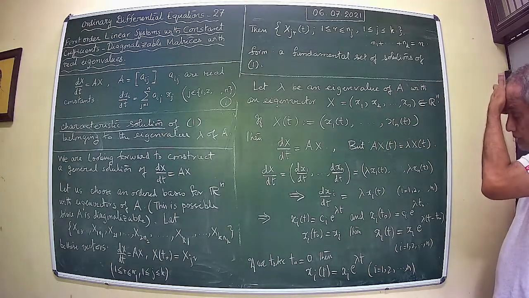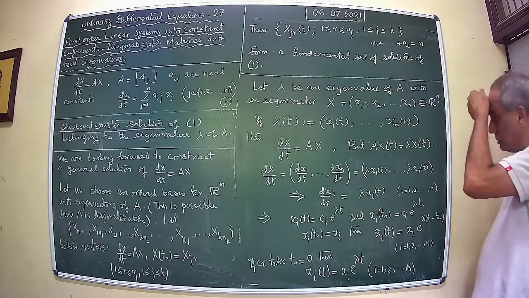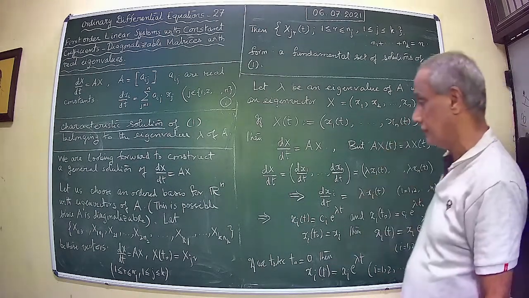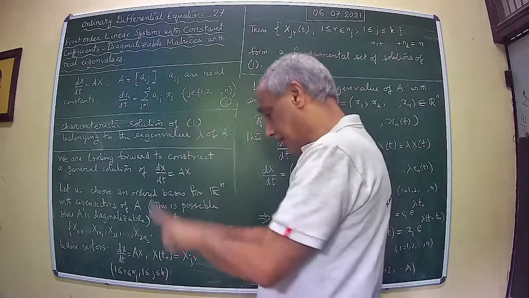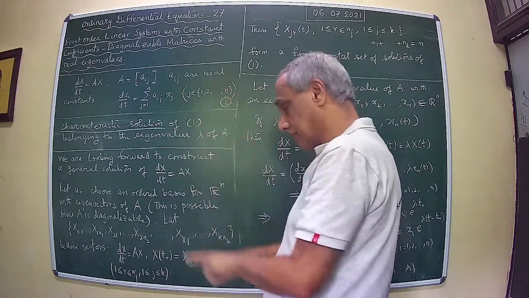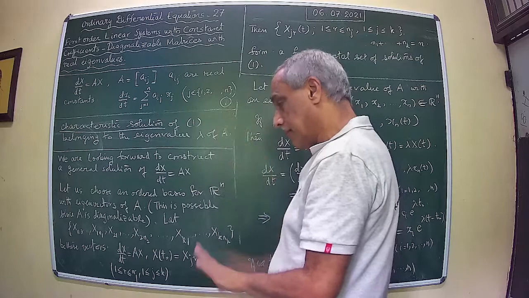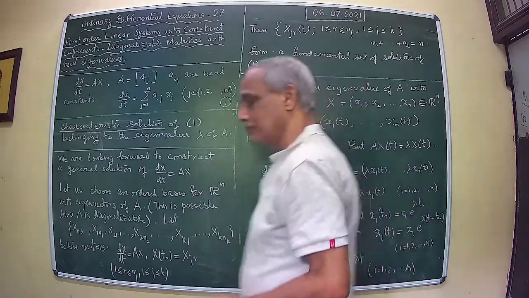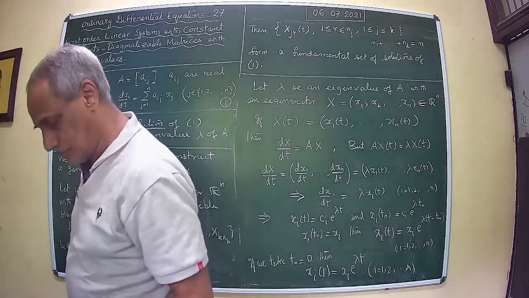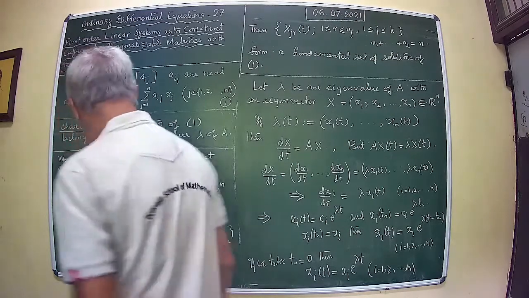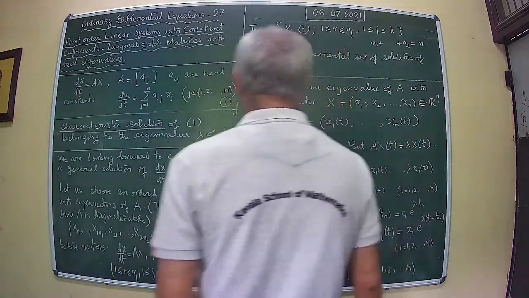The corresponding solution is given by just the standard vector or the eigenvector that you have chosen multiplied by e to the power lambda t. Okay, so that's the result, that is x(t) equal to that.